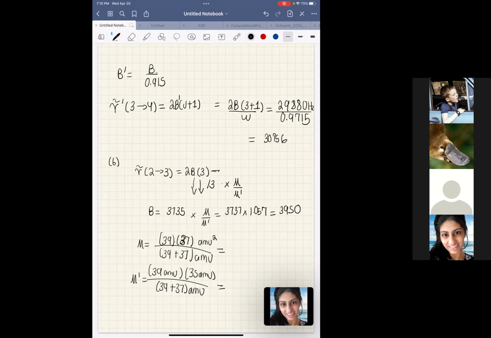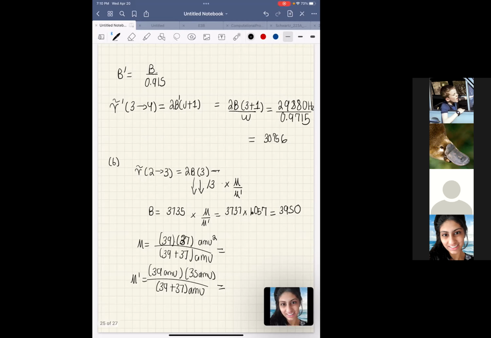I got 19.5 for my reduced mass for one of them. Oh, I meant for what you got for B. I got 3936. Wait, why are you off by like 50? It's weird. I think that's probably your problem.